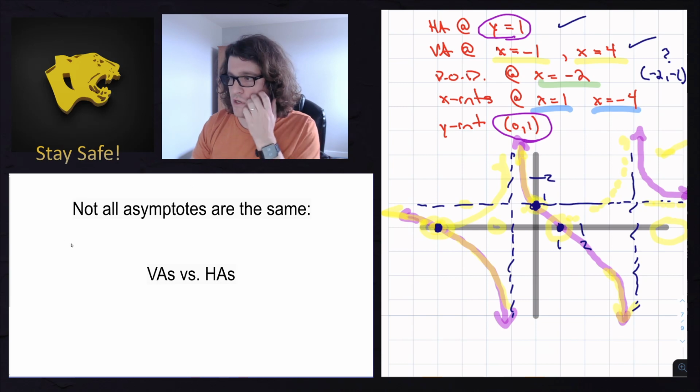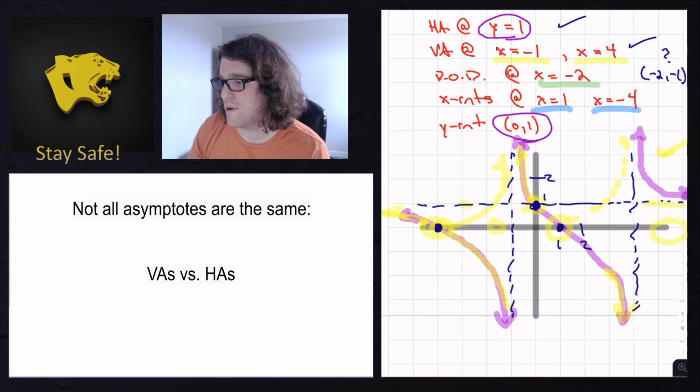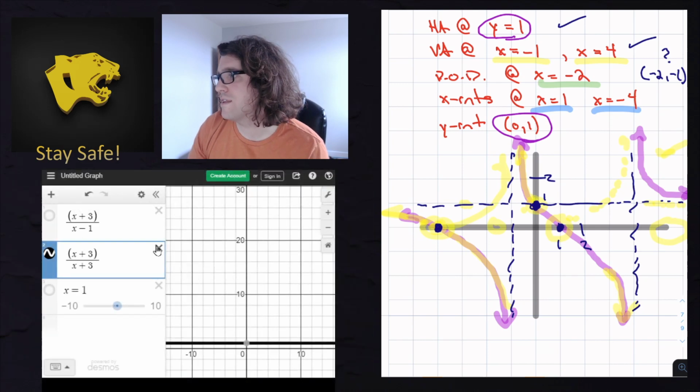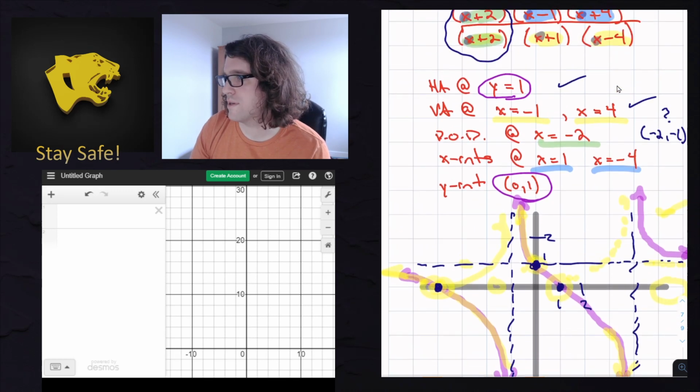So what I'm going to do is compare my graph, specifically my purple. I kind of just drew yellow on top of everything there, but the purple is what I want to compare this to. So I want to take this and graph it. I'm going to just pull it up there so I can see it.